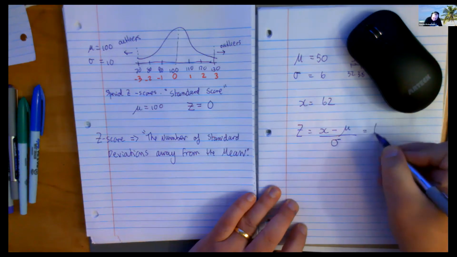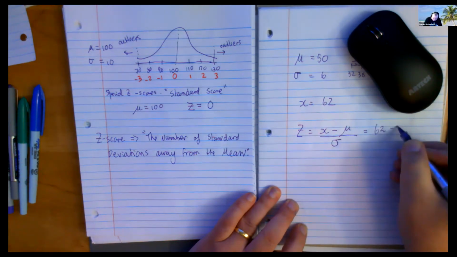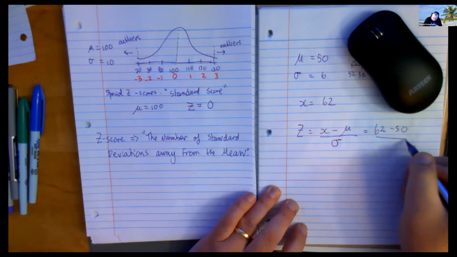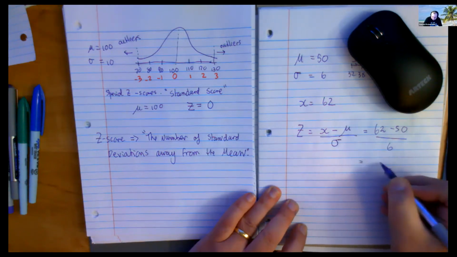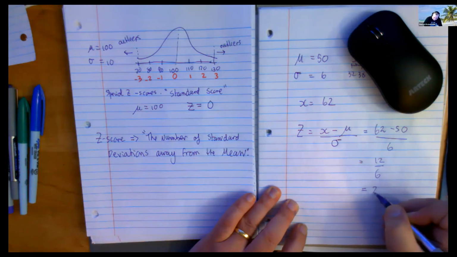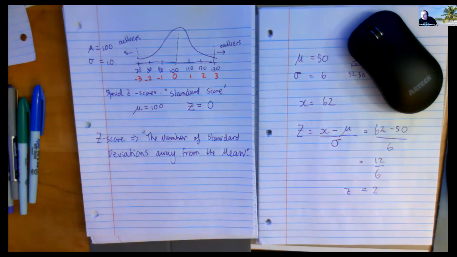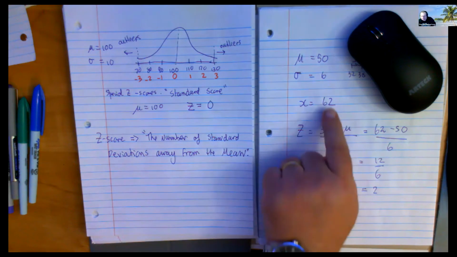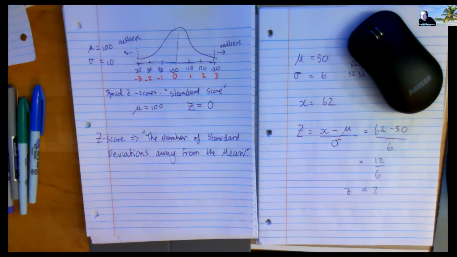And the data is 62, and the mean is 50, and the standard deviation is 6, and I get 12 over 6. Oh, I didn't realize I was so nice. I get a Z-score of 2. Is that number an outlier? No.